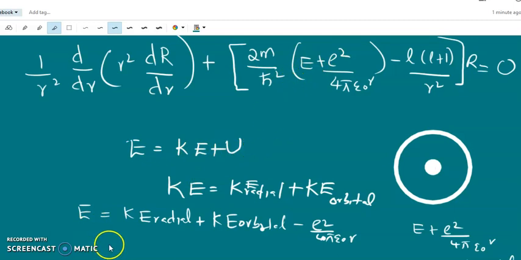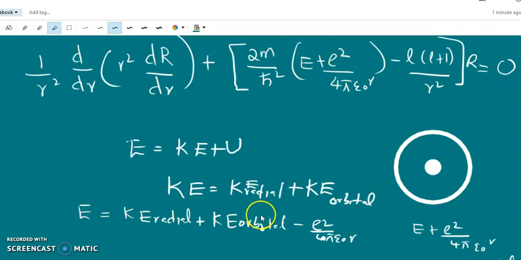We know that the potential energy is equal to minus e²/(4πε₀r). So the total energy is kinetic energy plus potential energy, which is kinetic energy radial plus kinetic energy orbital minus e²/(4πε₀r). But we have E plus e²/(4πε₀r) in the equation.